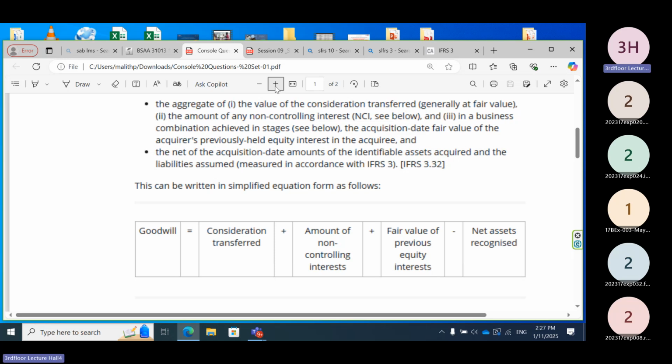So you have to value the previously acquired equity interest as well. What do you mean by your consideration? Now you are giving cash plus previously you have a kind of a holding. That holding also should be evaluated. Why? That holding represents this 60%.